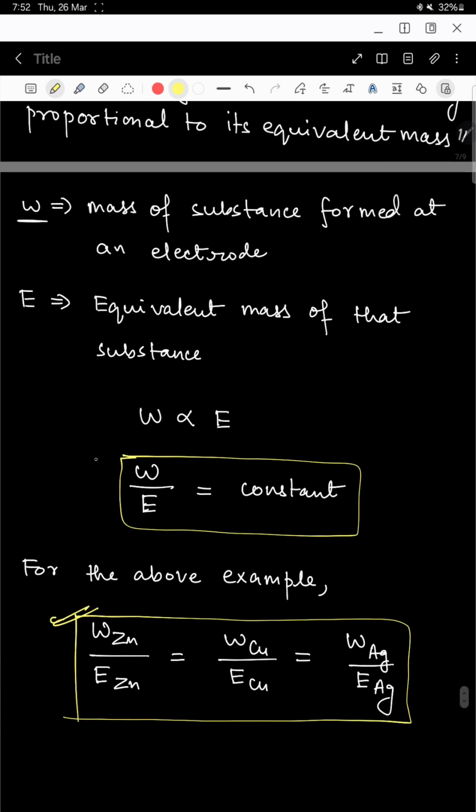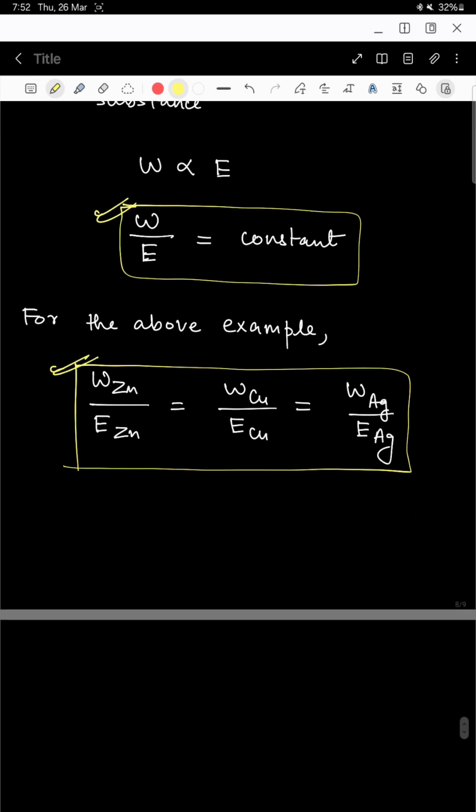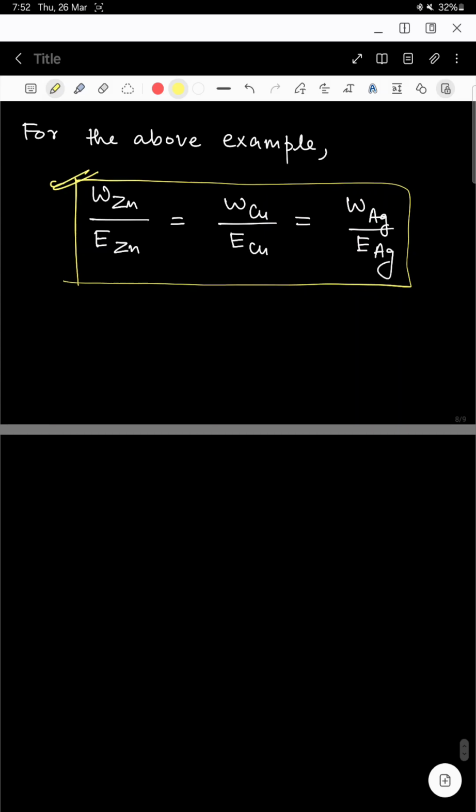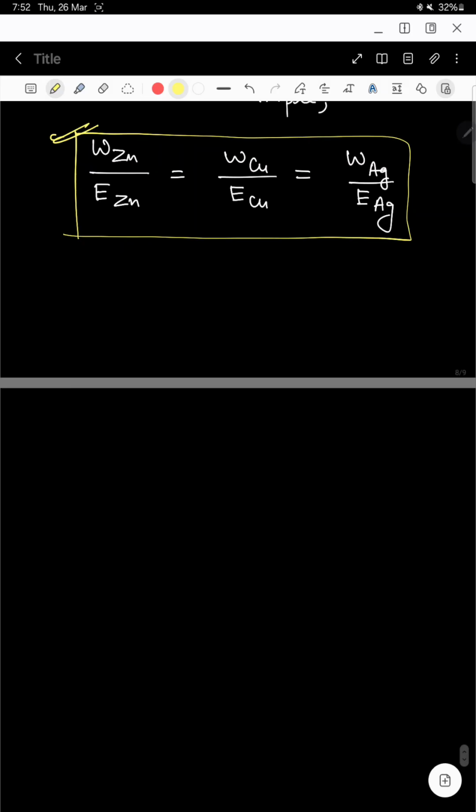So remember, for Faraday's second law, whenever some cells are connected in series, W by E for all the substances will be constant. Now, from the first law we can say what that constant equals.